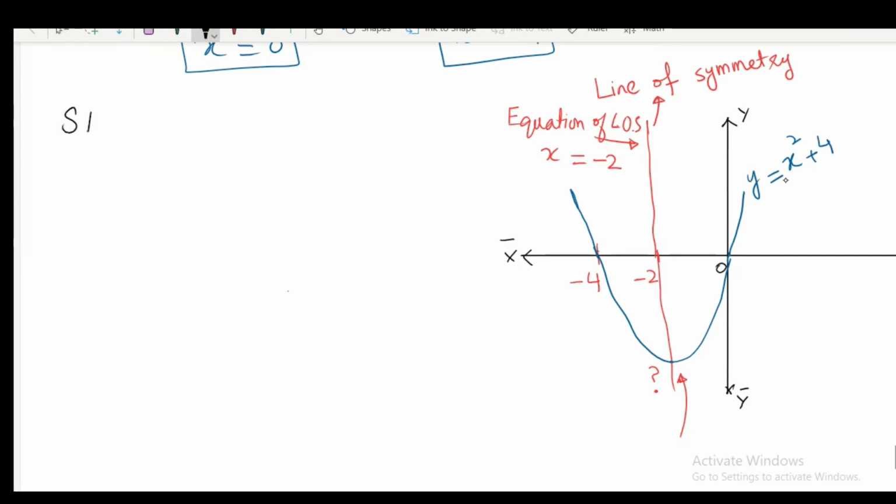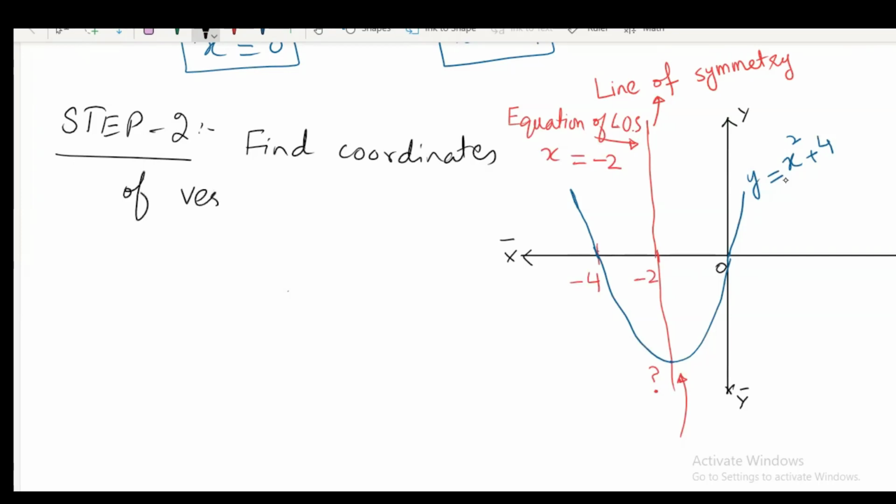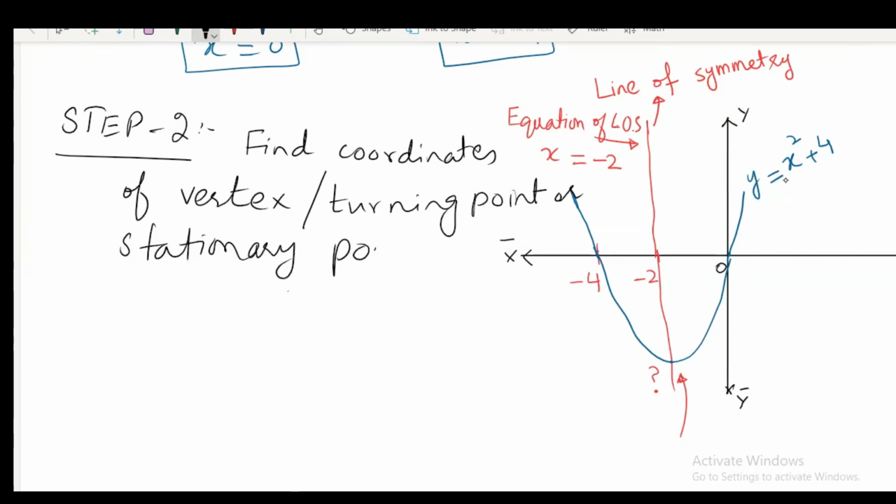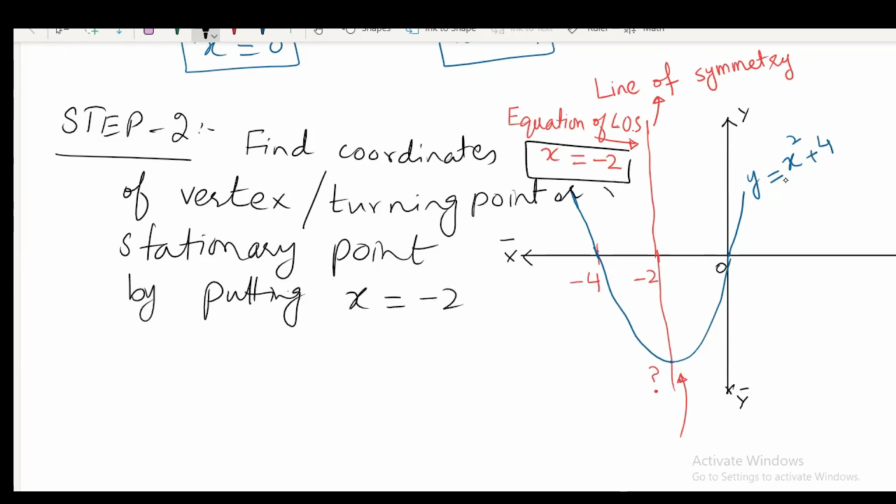So this is step number 2: find the coordinates of the vertex, or turning point, or stationary point, by putting x equals minus 2, the equation of the line of symmetry, in the original equation.